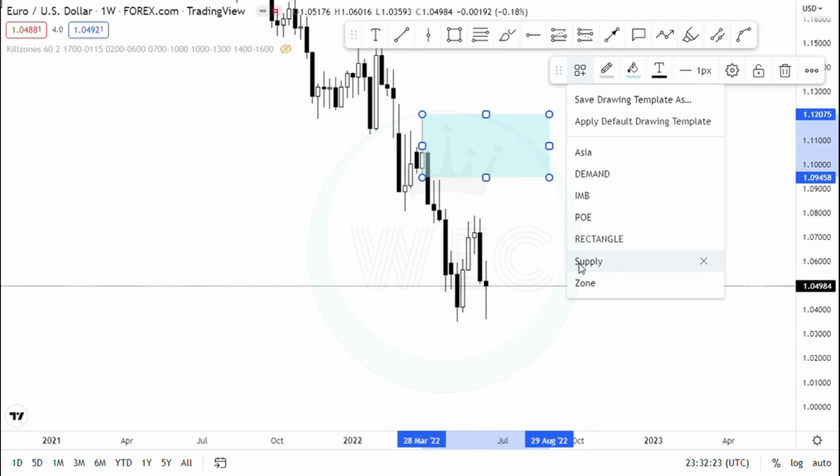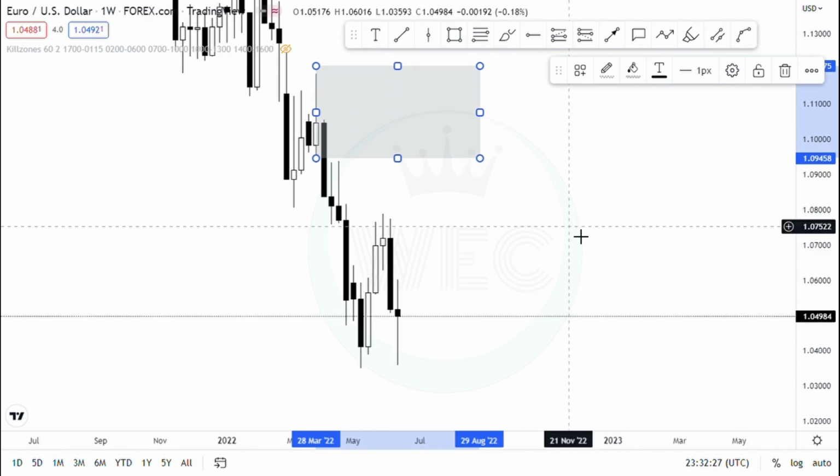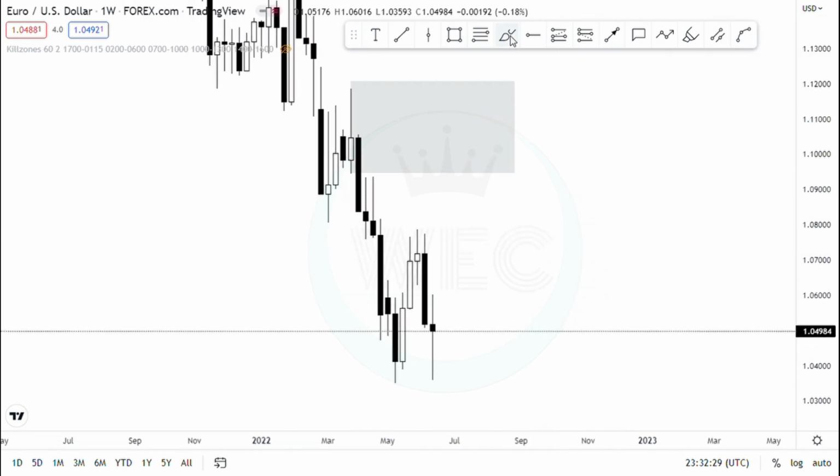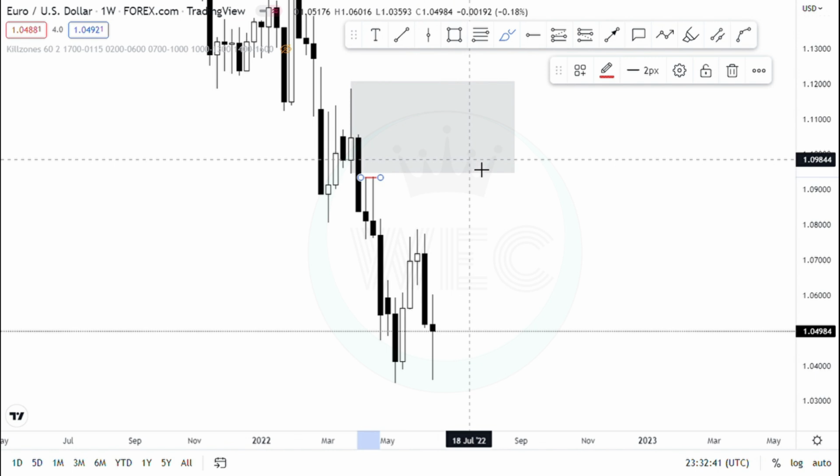Apart from that, we can see some other confluences. First off, we have this level of imbalance, and we have these equal highs right below the weekly supply zone.